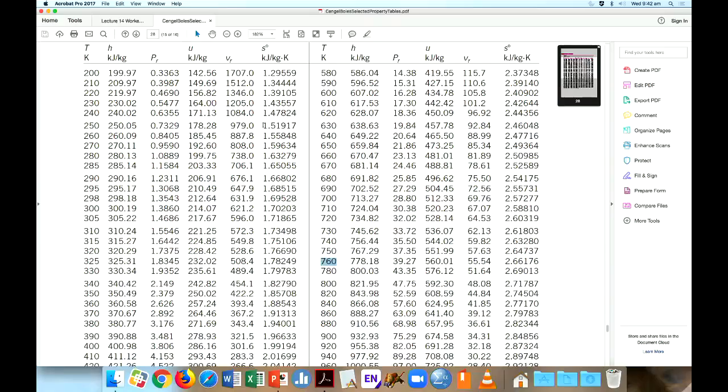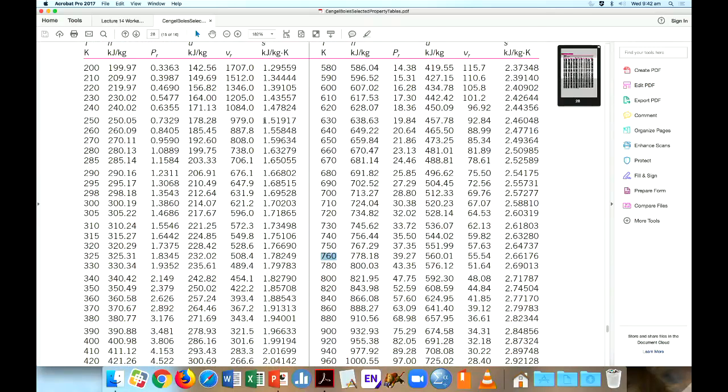Because I've been told that I'm using the air standard, not the cold air standard. So what we do is we come to here. There's my temperature, my enthalpy, and my reduced pressure.